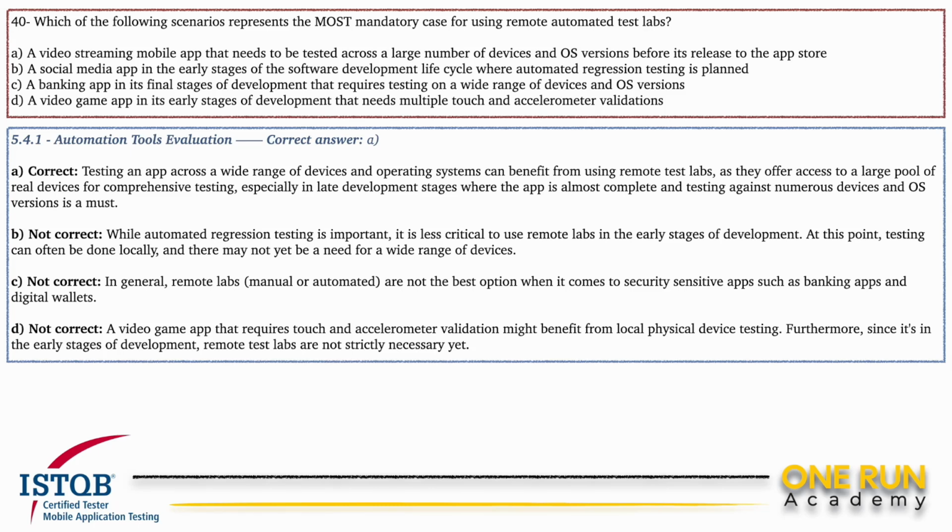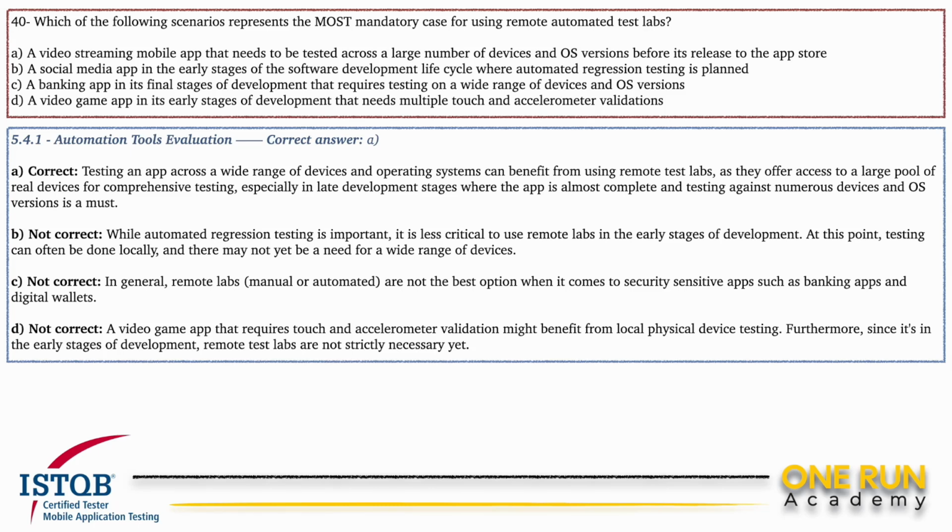Remote labs provide access to a large pool of devices without the need for purchasing or maintaining them, making it the most practical and efficient solution for running all your scripted tests with a click of a button to make sure everything is okay. So, let's keep option A in mind as a very strong candidate to be the correct answer to this question.